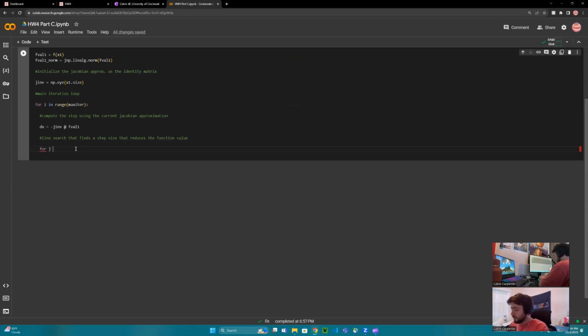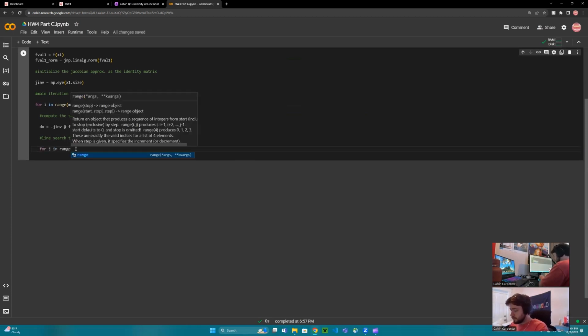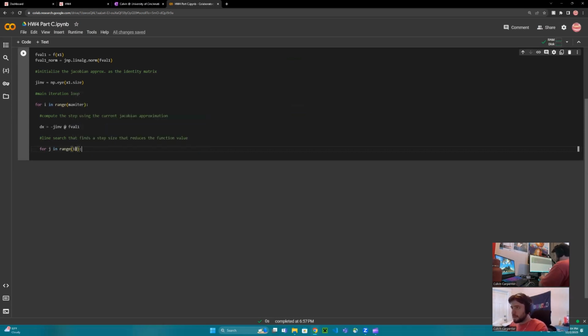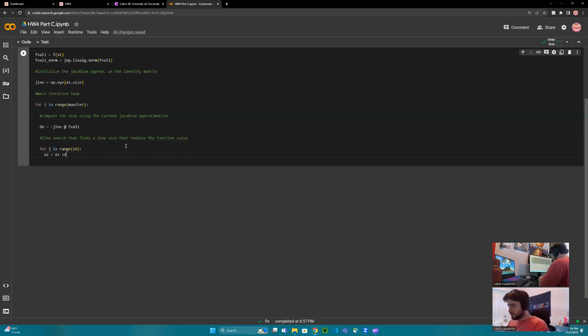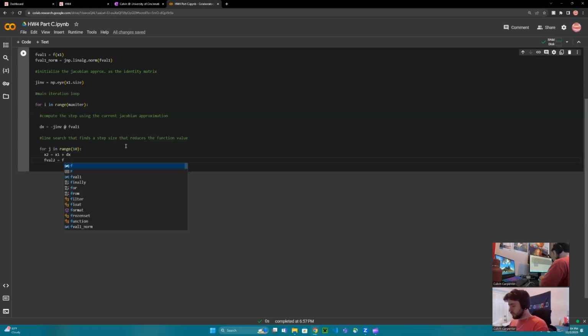So for j in range, and I'm going to repeat this 10 times. x2 is equal to x1 plus dx. fval2 is equal to f of x2.